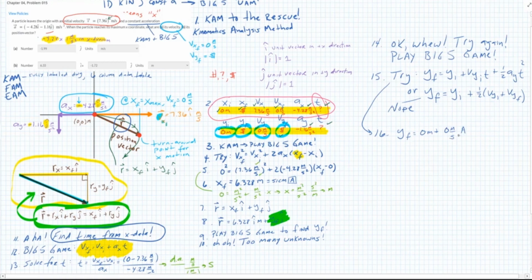Where did I put my time? Yeah. Time is sitting there in memory location B, and that's just going to equal 0, plus 1/2 a sub y. According to my data table, I better use negative 1.16 meters per second squared times t squared. That's it.